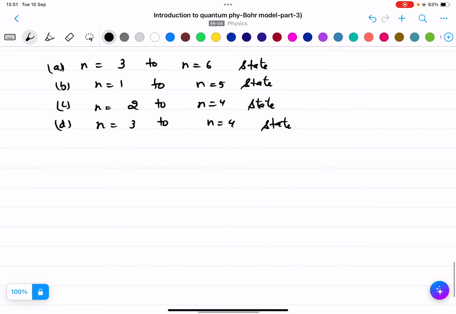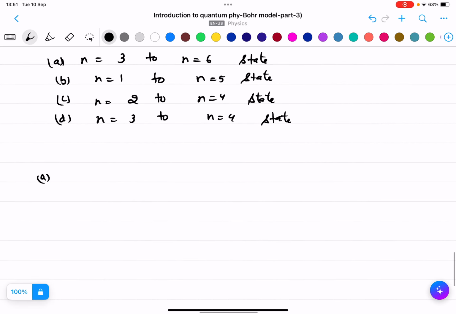I'll solve the A part. B, C and D are your homework.